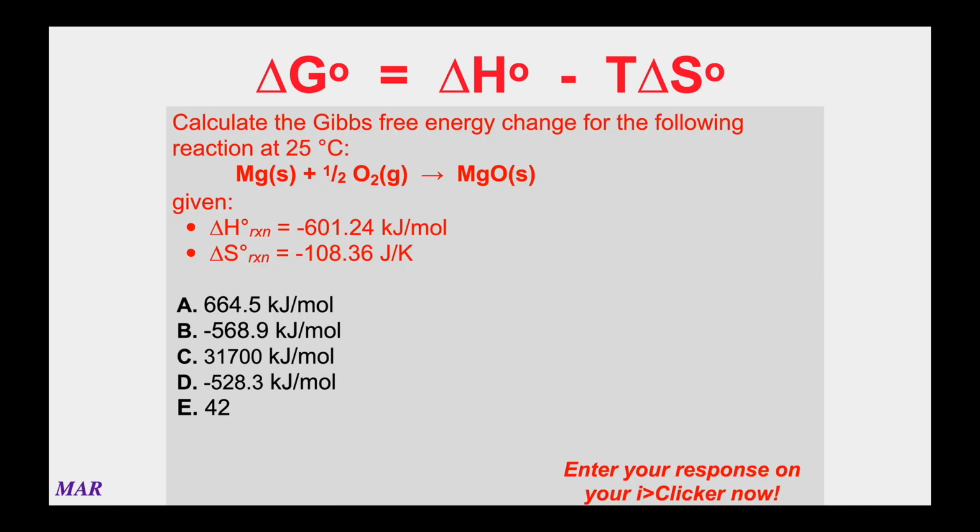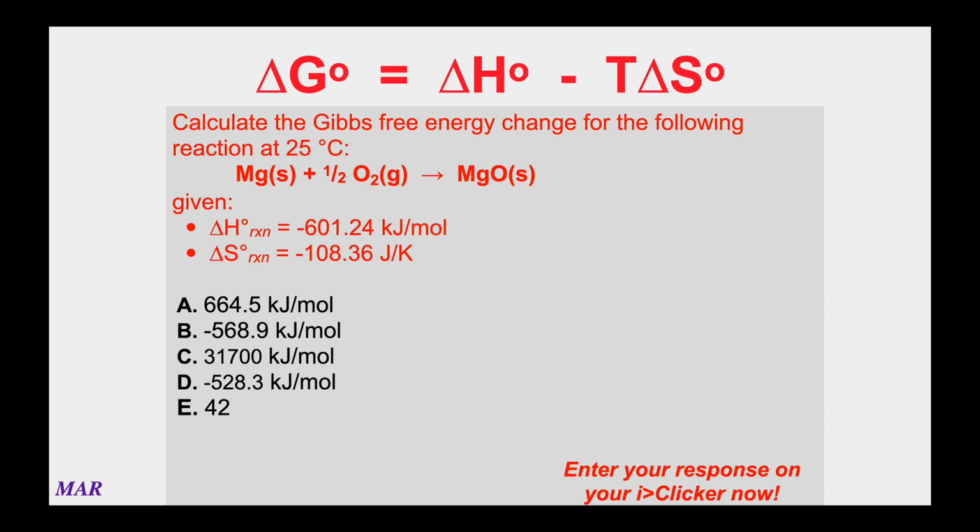Let's calculate the Gibbs free energy change for this reaction. There's delta H and there's delta S. To do this, delta G, which is what we're after, equals delta H minus T delta S. A couple of things. Make sure your temperatures are in Kelvin. Very important in thermodynamics.